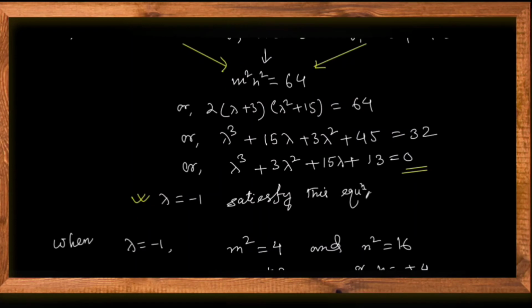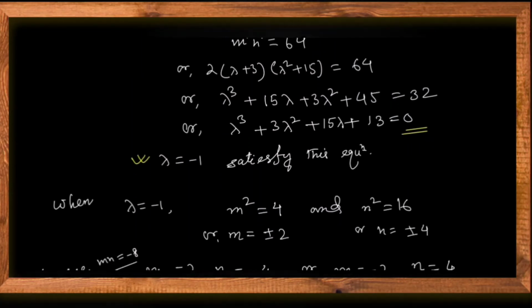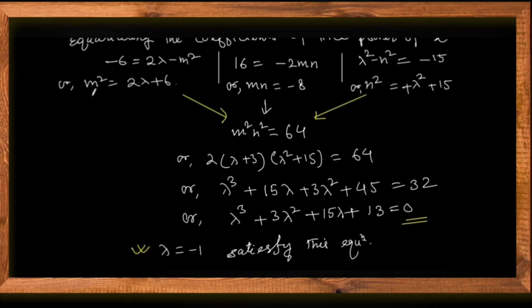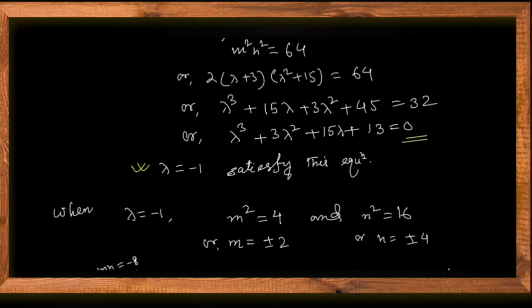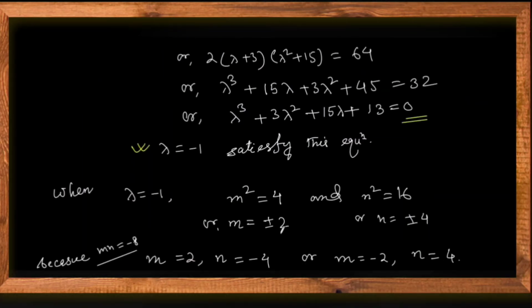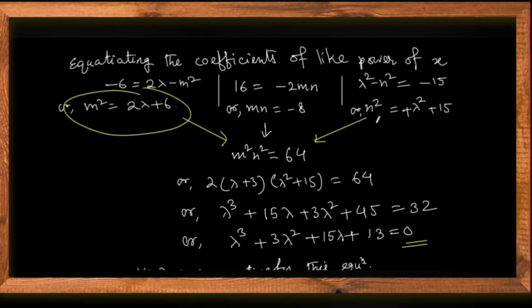So when lambda equals negative 1, then m square is minus 2 plus 6, that is 4. So m square is 4, and therefore m is plus or minus 2. Again lambda is negative 1, so lambda square is 1, and 1 plus 15 is 16.